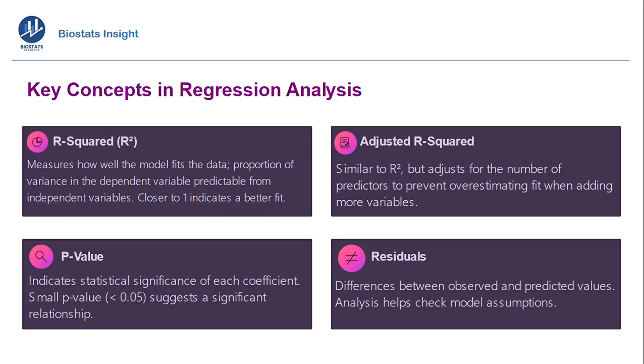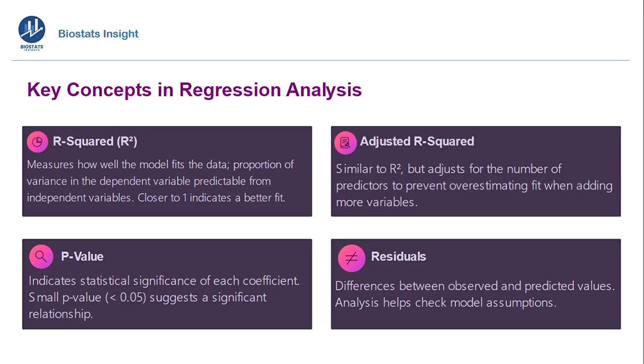Adjusted R square is similar to R square, but it is adjusted for the number of predictors that help you predict the value of the dependent variable. So any adjustment needed is covered by adjusted R square. The p-value is the statistical significance of each coefficient. A small p-value suggests a significant relationship.